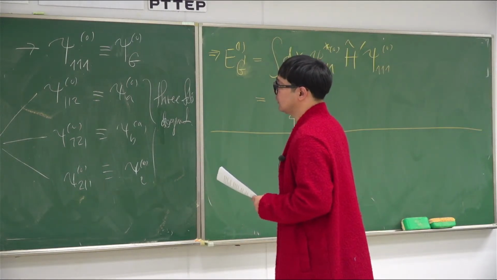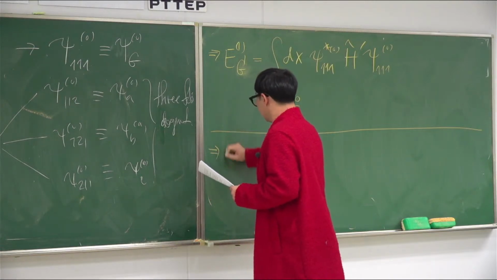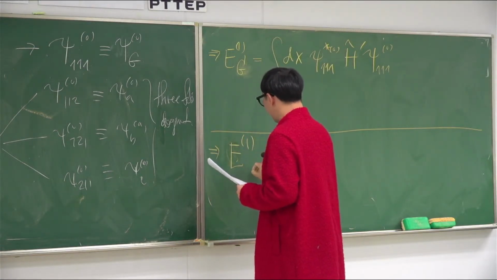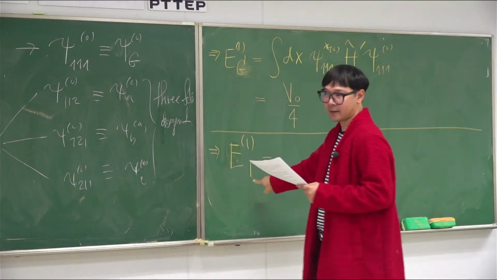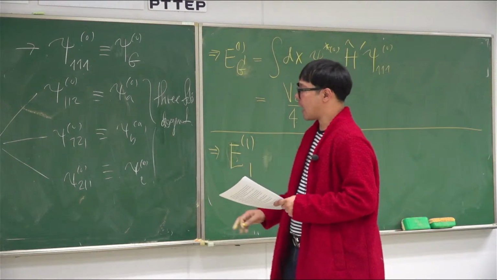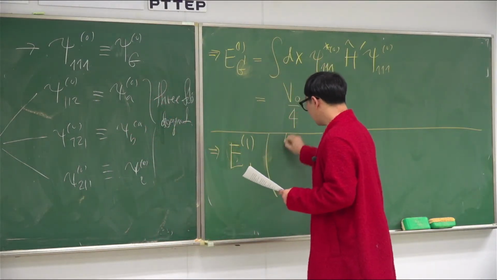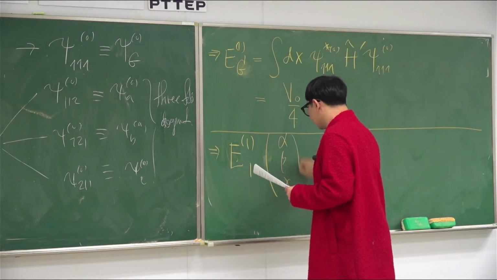Okay. And so next we're going to look at the first correction of the first excited state, which I'm not going to compute, but I know that it is threefold degenerate. Then you get alpha, beta, gamma.